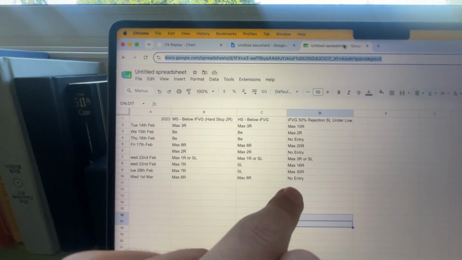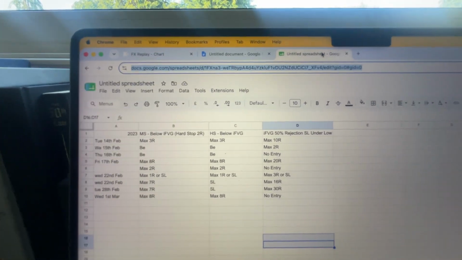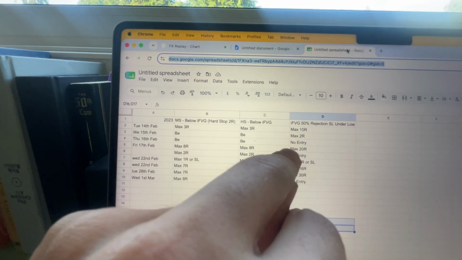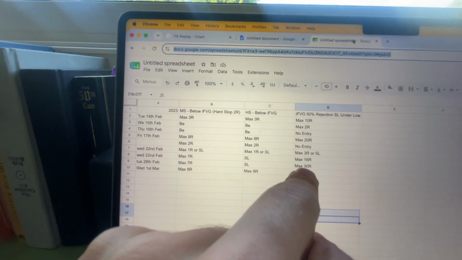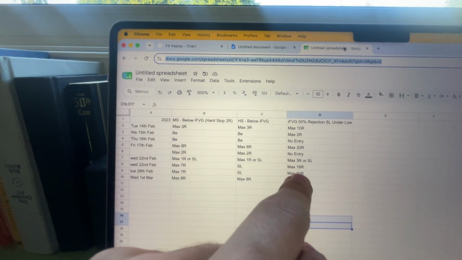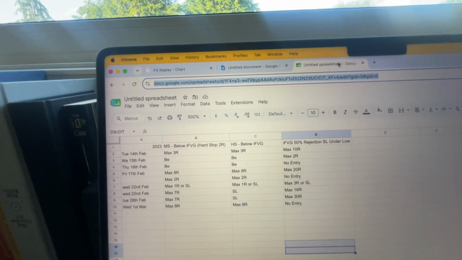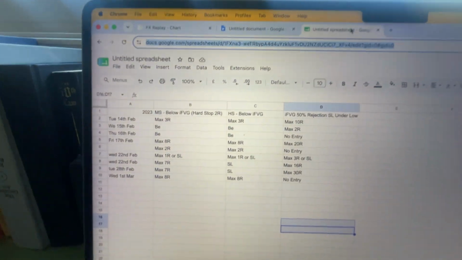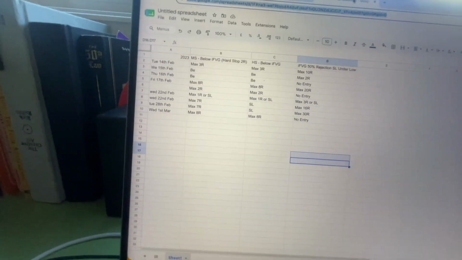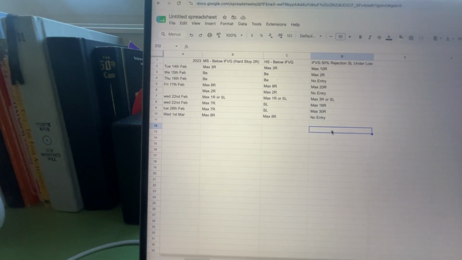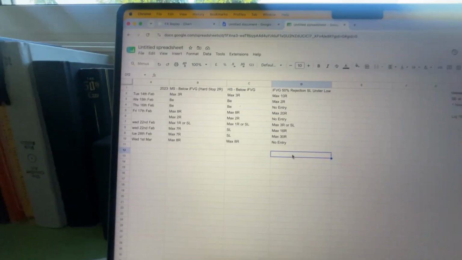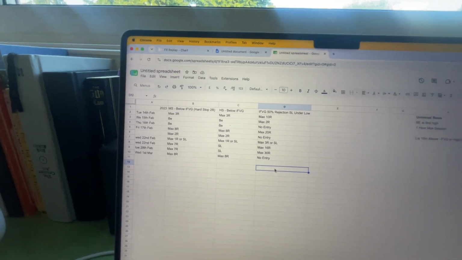So there are a couple of times where it doesn't tap in, but for the idea of still holding it to 10R or 20R or something like that, it seems worth it to me. But yeah, I'm going to figure out all the numbers, and then I'm going to define the rules further. But I just wanted to track this.